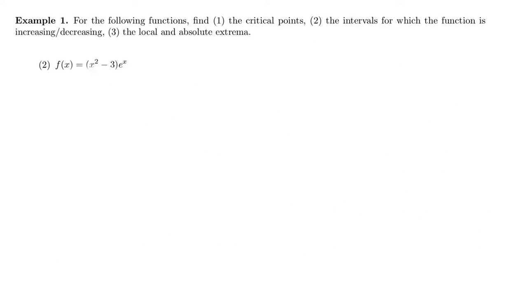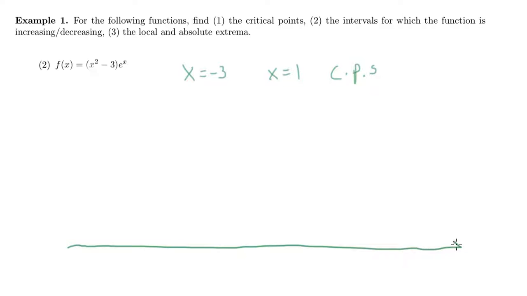Okay, so again, our critical points are x equals negative 3 and x equals 1. So let's draw our number line. And we'll plot negative 3 and we'll plot 1.